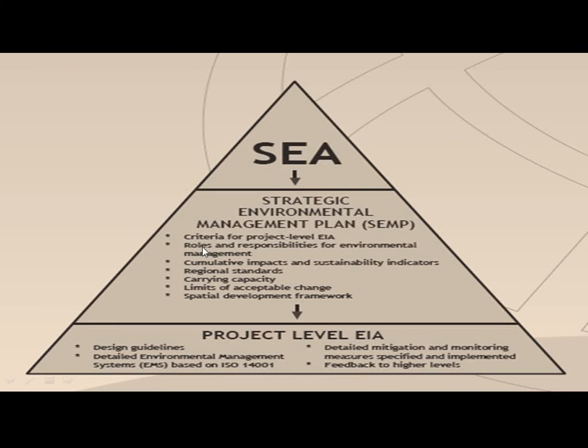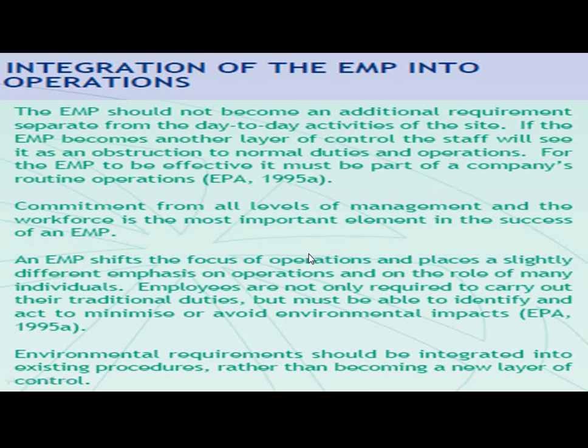Strategy covers the entire scheme of plans, but project level means project activity levels. So design guidelines, detailed environmental management systems, detailed mitigation and monitoring measures, and feedback to higher levels. These are the project level activities and these are the strategic level activities.